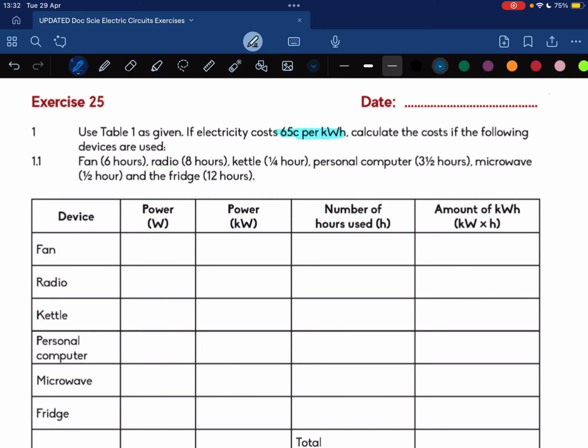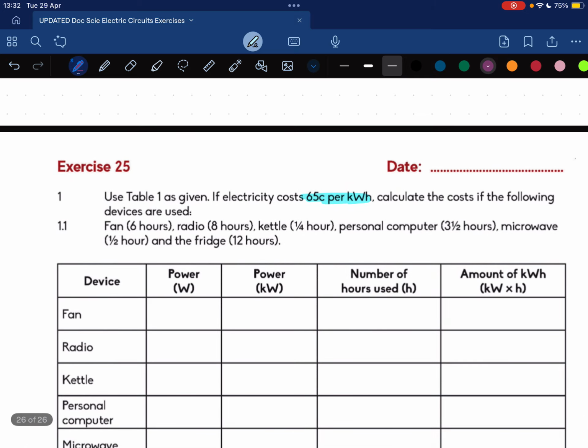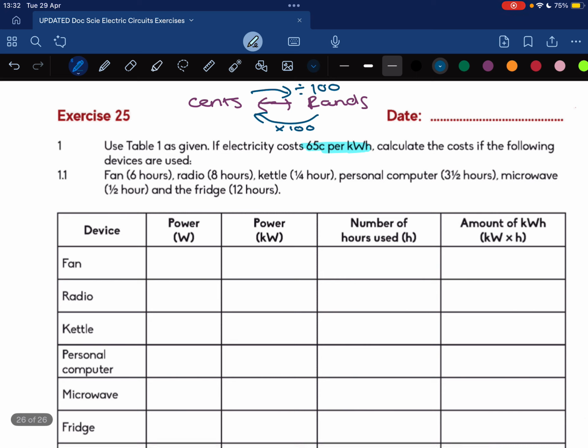Now remember, if you want to convert from cents to rands, you would divide by 100, and if you're going the other way, you would multiply by 100. The fan is 6 hours, radio 8 hours, kettle a quarter of an hour, personal computer 3.5 hours, microwave half an hour, and fridge 12 hours.